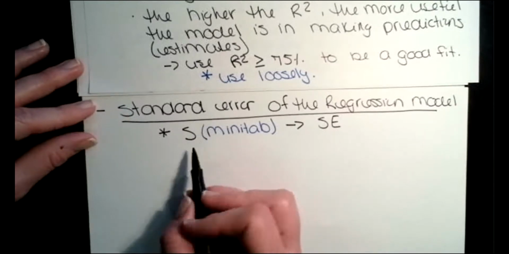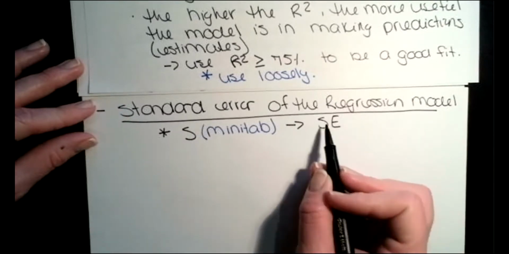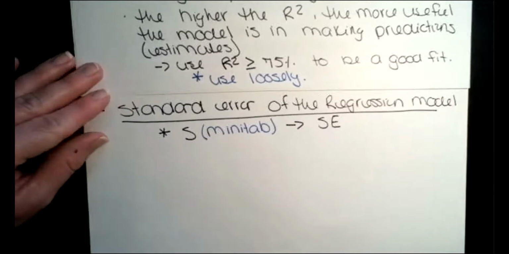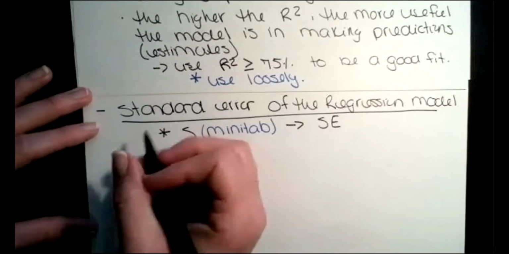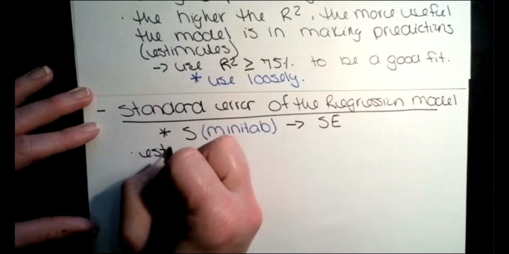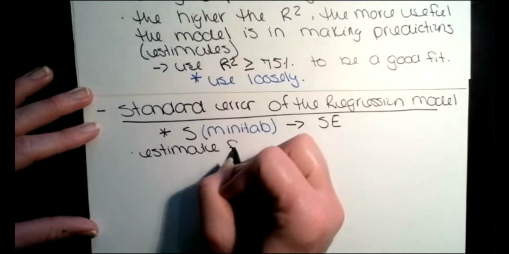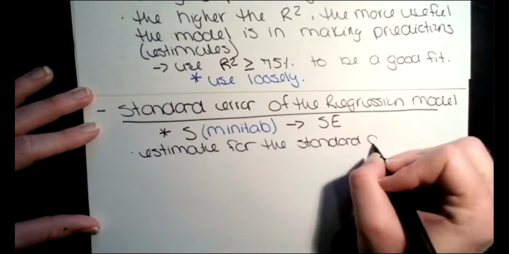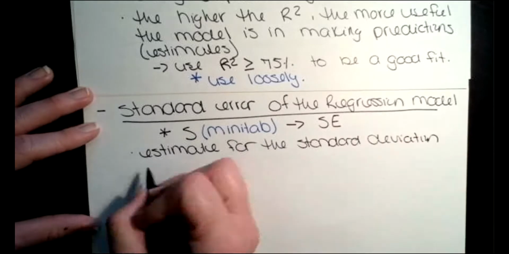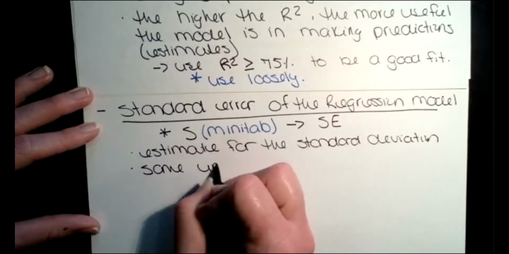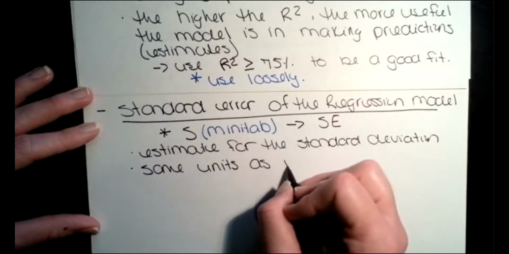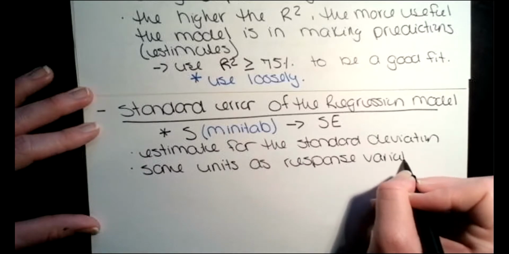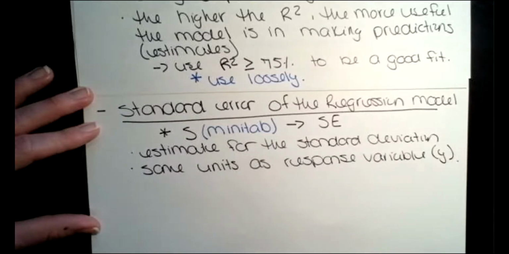So I just want you to know Minitab uses S, but it's still what we consider SE for our standard error, okay? So our standard error for our regression model is our estimate for the standard deviation. This is in the same unit as the response variable, which is my Y variable.